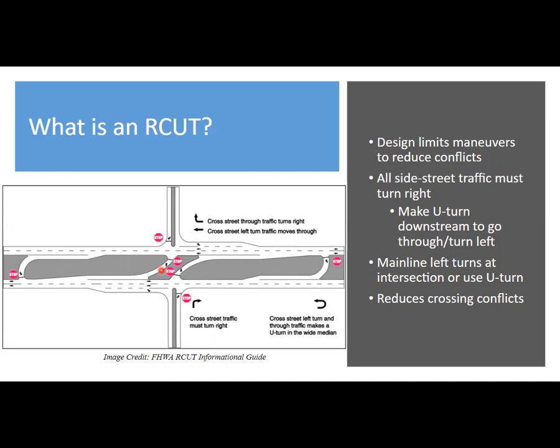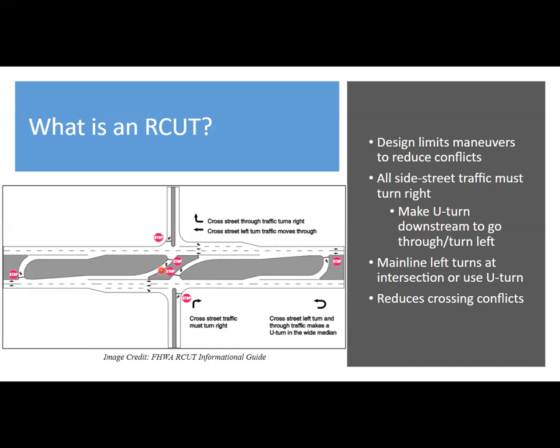Instead of those, now you've traded them off with conflicts that might be more of merging type. And we know that merging conflicts tend to lead to less severe collisions compared to crossing conflicts. So basically, the idea of RCUT is you trade away the crossing conflicts, and now you only have merging conflicts. That's the whole idea of it.